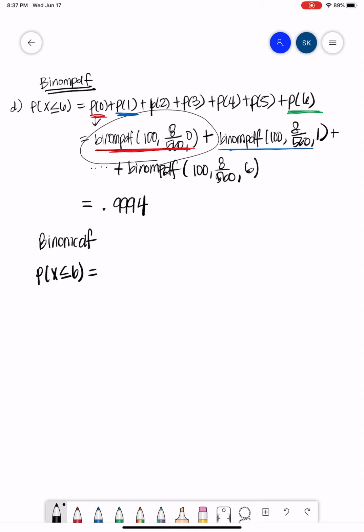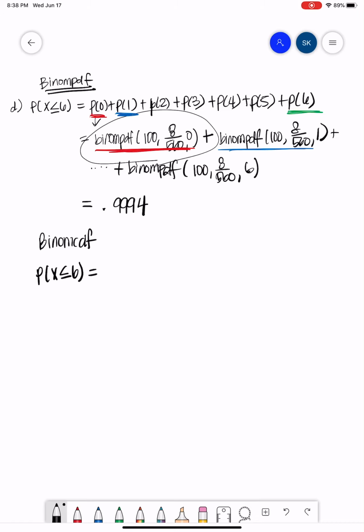CDF represents the binomial cumulative density function. Remember we talked about cumulative frequency in chapter 2? Same thing. Cumulative means summing up all the way up to a certain point. So if you have a less than or equal to, it's a lot better to use a CDF, not PDF. Why? Because with PDF, you have to use individual values and sum them up. CDF means you're going to include all numbers up to 6.